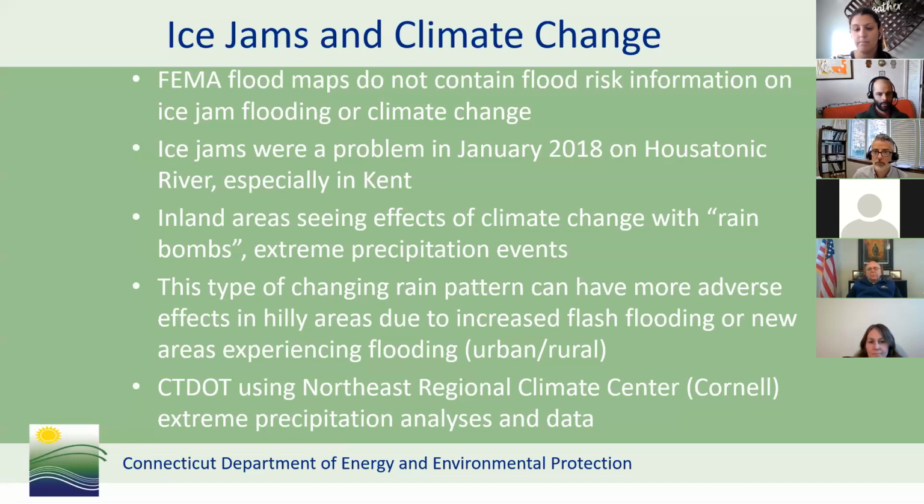And I know you guys are going to do climate change. And again, it's inland, we don't care, blah, blah, blah. We're not coastal, but you should care in the sense that it does seem that precipitation patterns are changing. We tend to see more droughts, more of these extreme rain bomb situations.